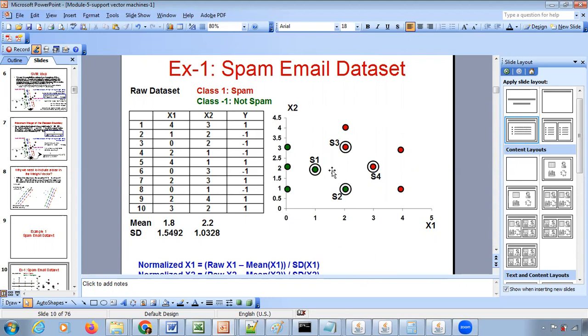So basically, we have a kind of a margin that separates the two classes here. And so these are the support vectors that are closer. So these are the green data points that are closer to the red class. And similarly, these are the data points that are closer to the green class.